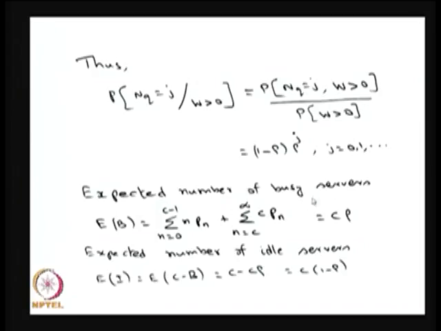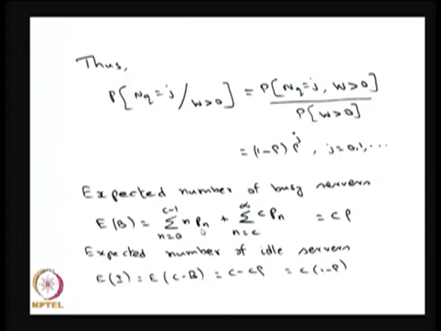From this, you can find out the expected number. The next measure is the expected number of busy servers. What is the average number of busy servers? That is nothing but the summation of n equal to 0 to C minus 1 of n times Pn.